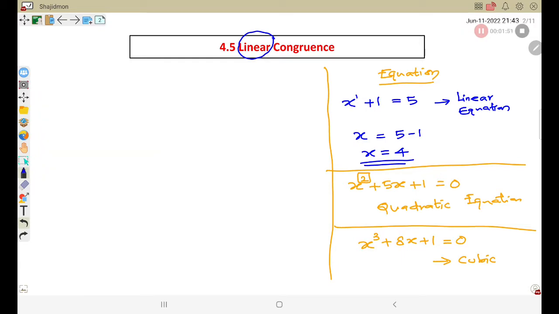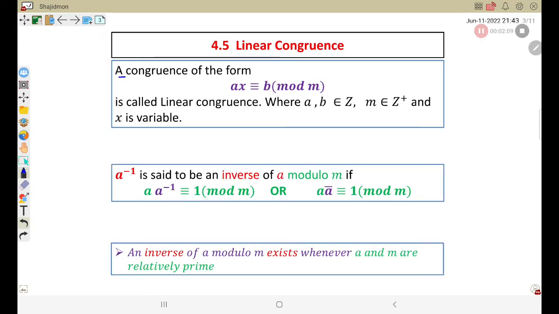Now here we need to study the symbol. Here it is the equation symbol, the equal to symbol, correct? Now here it is the congruence symbol. If you are getting a congruence equation, how can we find the solution of that congruence? A congruence of the form ax congruent to b mod m is called a linear congruence, where a, b belong to Z, and m belongs to Z plus.